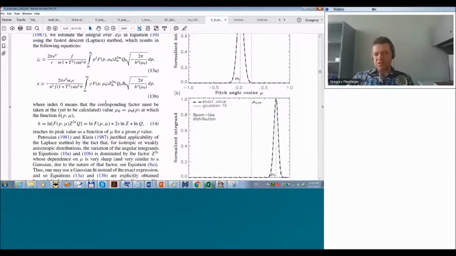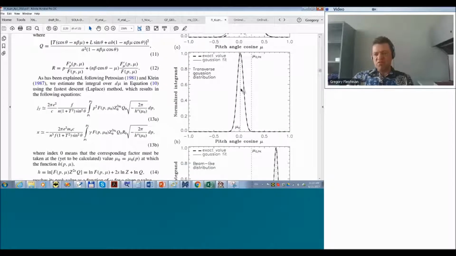Again, this is the visual difference between mu naught and mu naught analytical.